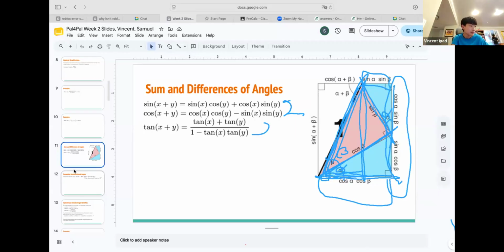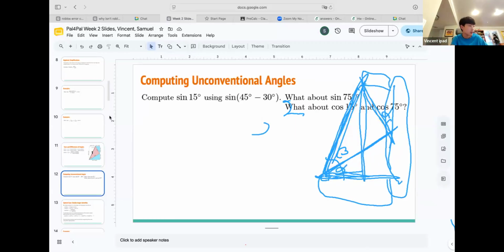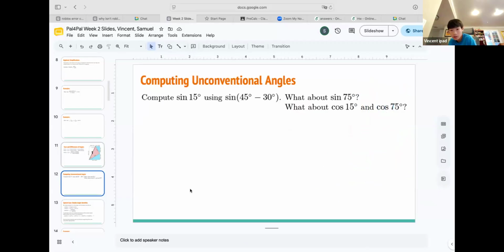So next problem. Does anyone know how to do this? Okay, I'll split it up into sections. I'll give you guys a minute for computing sine 15 degrees. And again, send it to me on my computer.